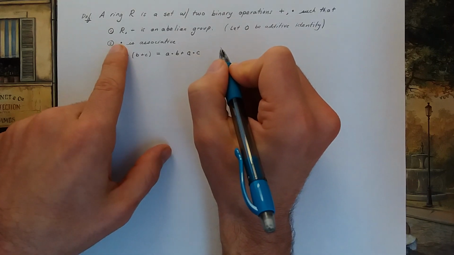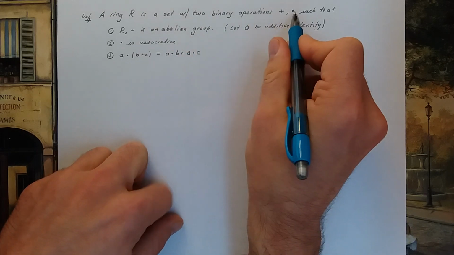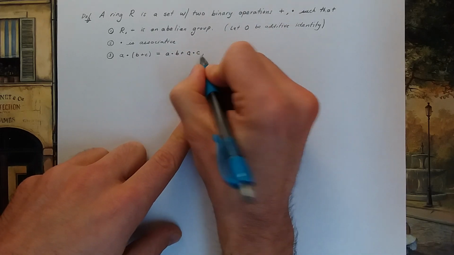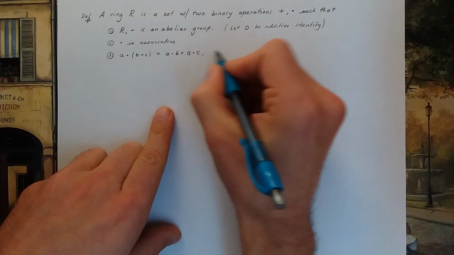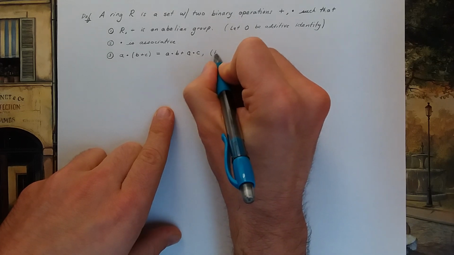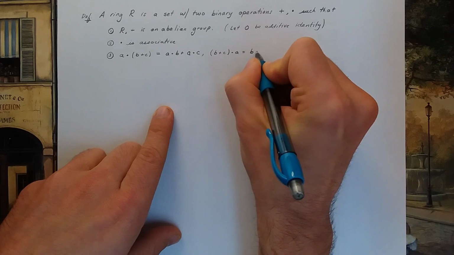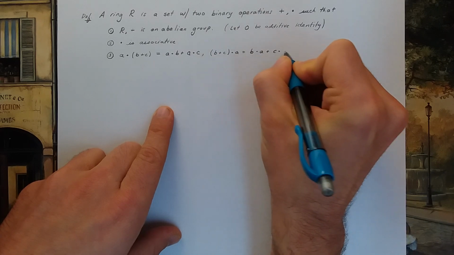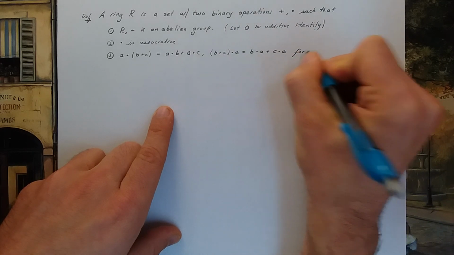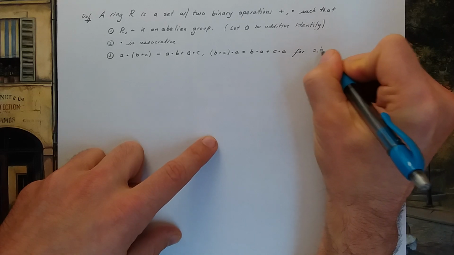Now, multiplication is a binary operation that may not be commutative, so I want the distributive property to hold regardless of the order of multiplication. And this has to be true for all A, B, C in the ring.